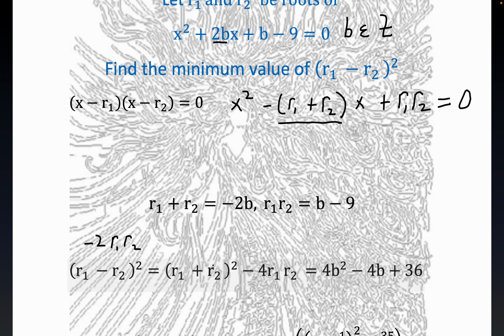And a plus 2 r sub 1 r sub 2 would happen in the sum squared, right? So that explains why we end up with minus 4 r sub 1 r sub 2 right here.